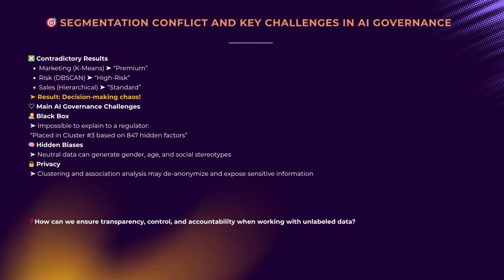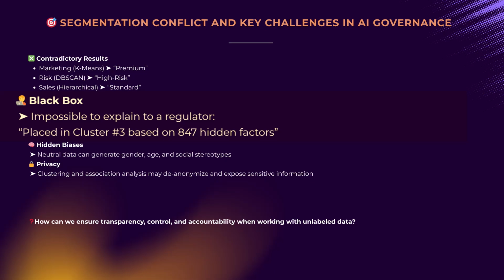Now that we understand how these algorithms work, let us figure out why they create such headaches for governance and compliance specialists. The first and main problem is interpretability. In supervised learning we can say, the algorithm classified this image as a cat because it saw whiskers, pointed ears, and a certain shape of eyes. Not perfect, but at least something.